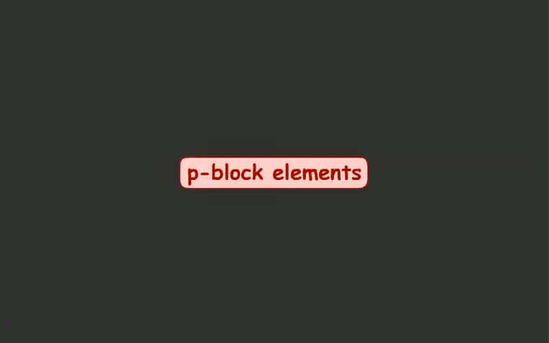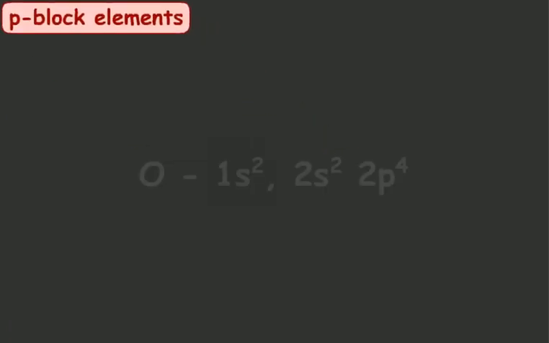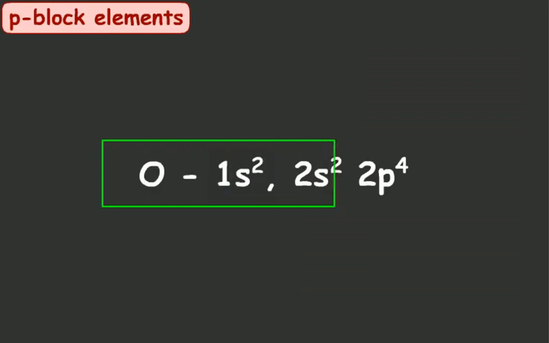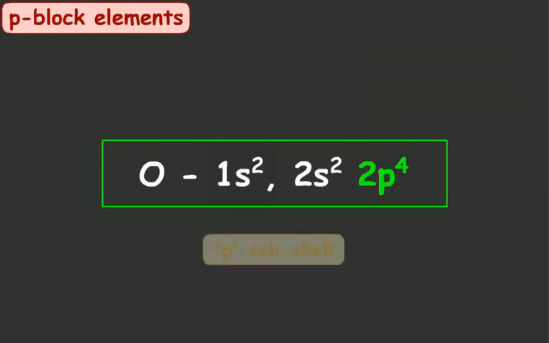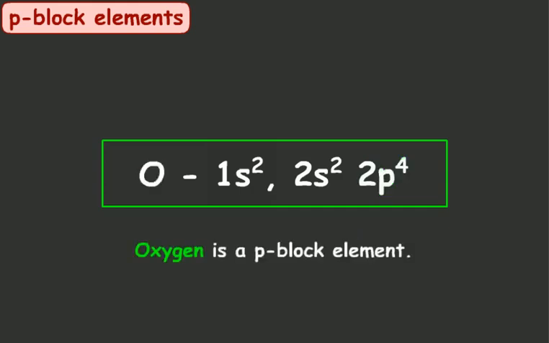P-block elements. Students, look at this electronic configuration of oxygen atom. Here, the last electron is distributed in P subshell. Such an element is called P-block element. Oxygen is a P-block element.